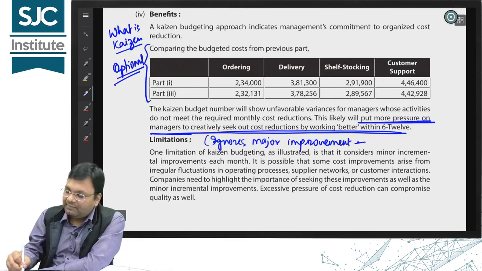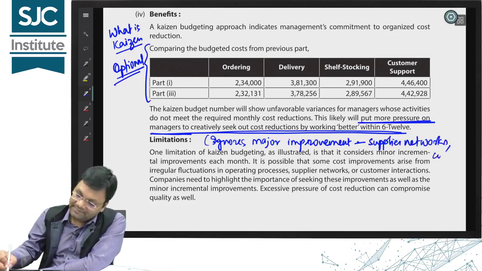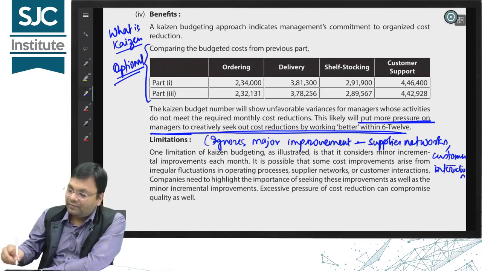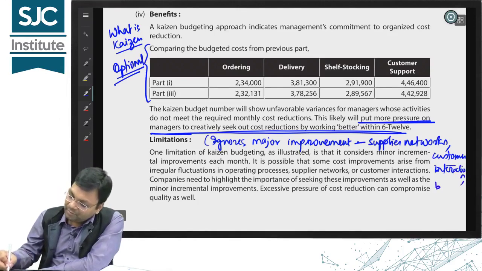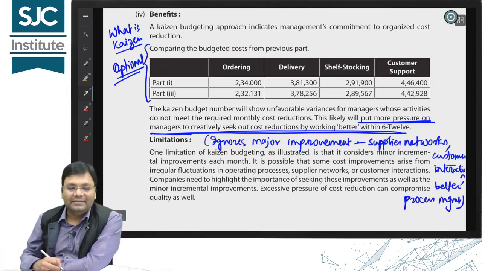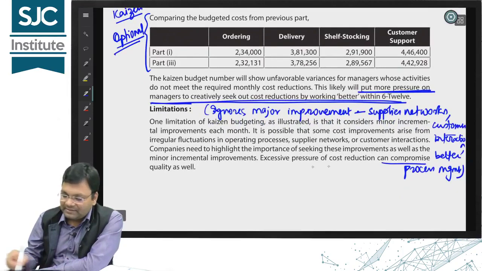Major improvement can come by way of supplier networks, by interacting with suppliers, by sitting with different suppliers, by choosing a different supplier, by better customer communication and interaction as to what they actually need, so we can understand what is value adding and what is not value adding, and by better process management. All these get ignored when you are doing Kaizen. And again there can be compromise in quality also.